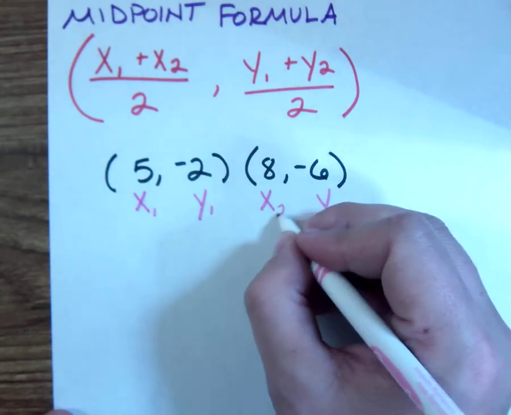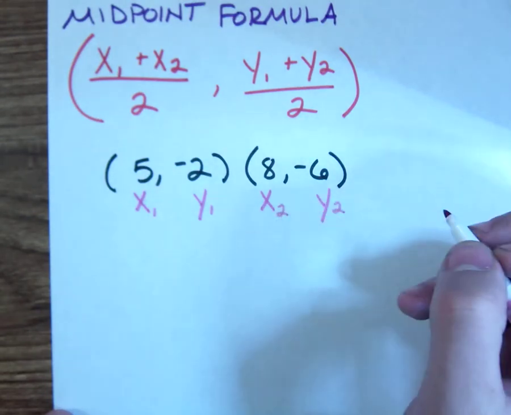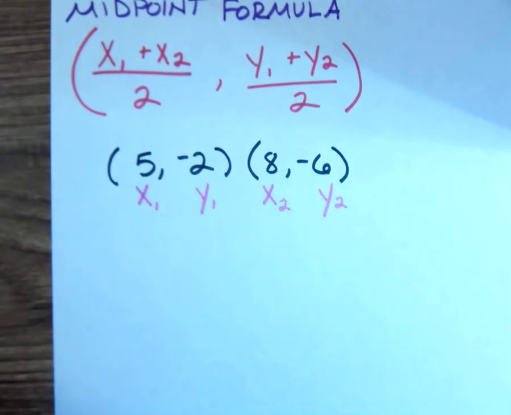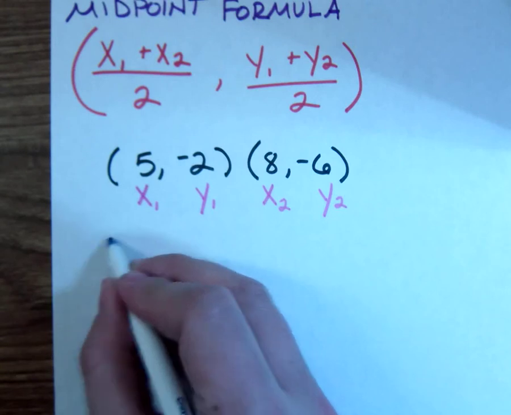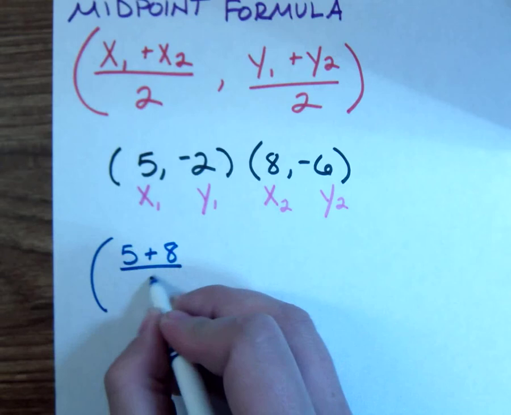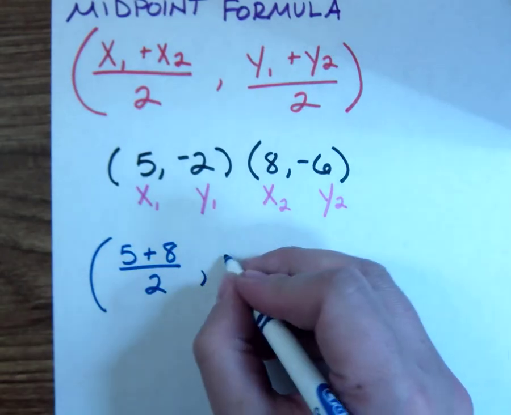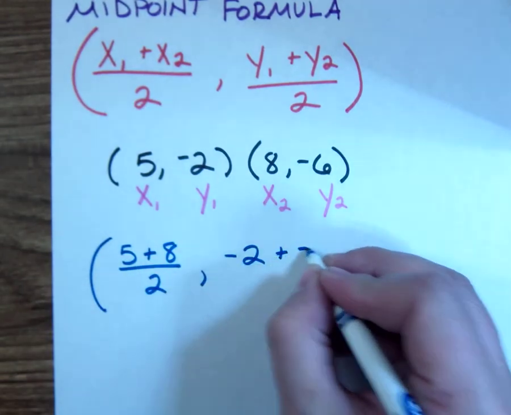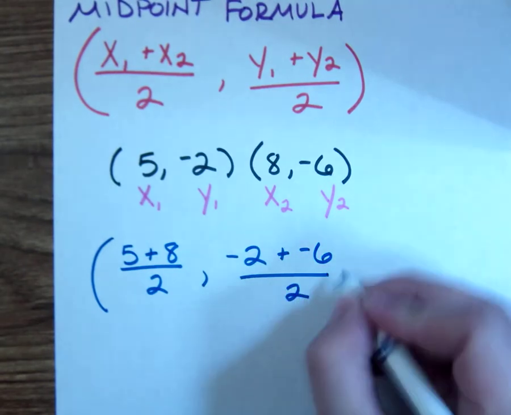So that would make 8, -6, the x2, y2. Then we're going to plug these into the formula, but the formula is really easy. It'll be x1 plus x2 divided by 2, and then y1 plus y2 divided by 2.